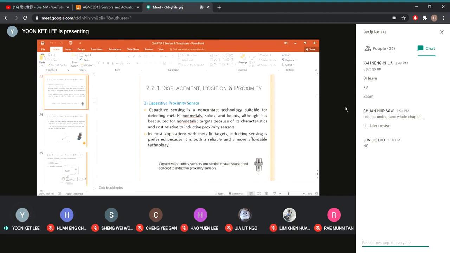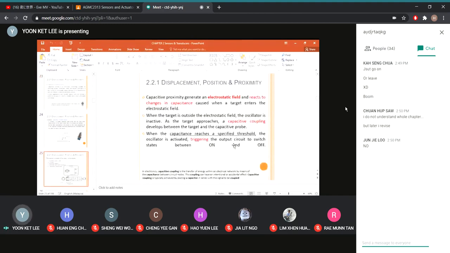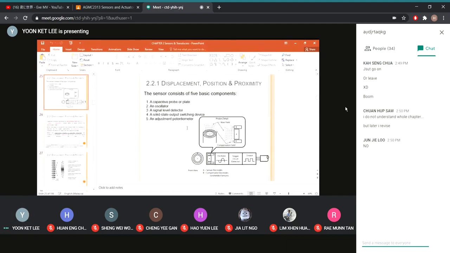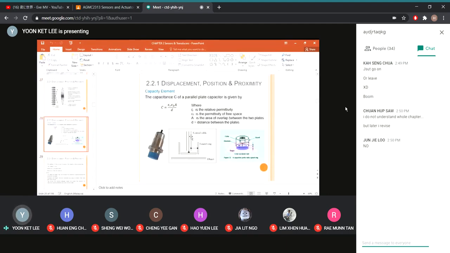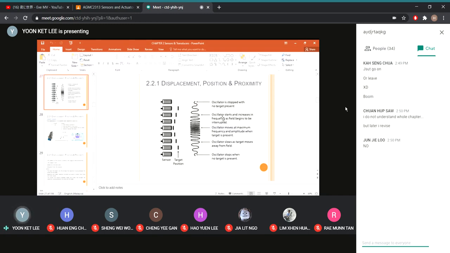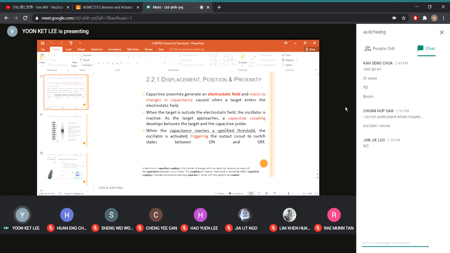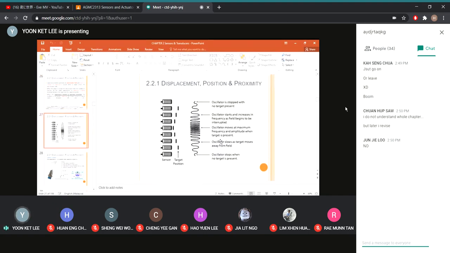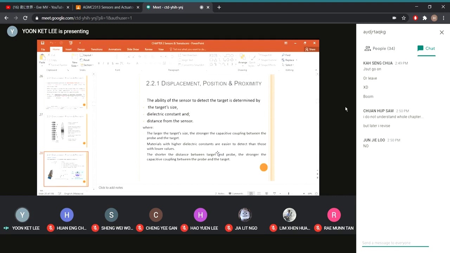At least you need to know a little bit of how this works, but more importantly, it is the target size, dielectric constant, and the distance from the sensor. Okay, this is more important. This is the thing you need to know. This one you just let me explain. If you have the interest, then you can further evaluate it.